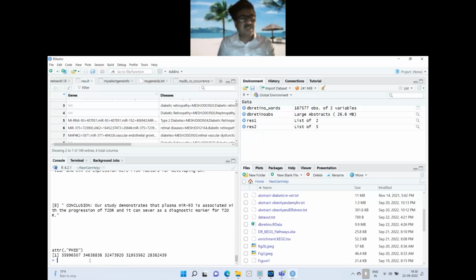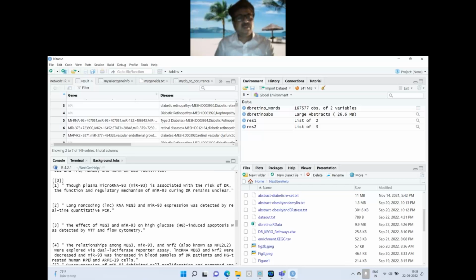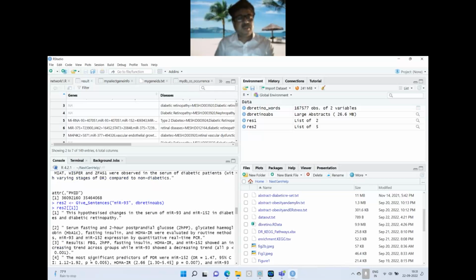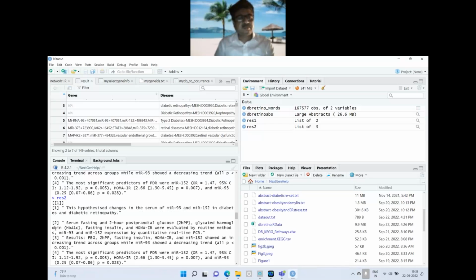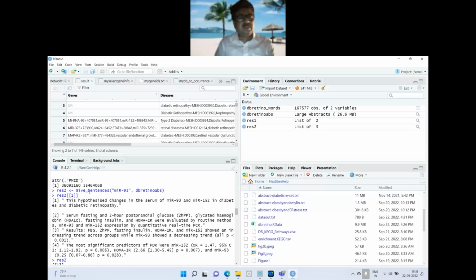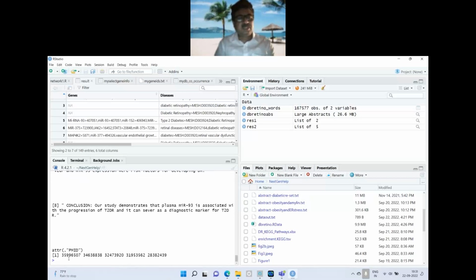The PMID is 35996507, the first one. That's the PMID of the paper.